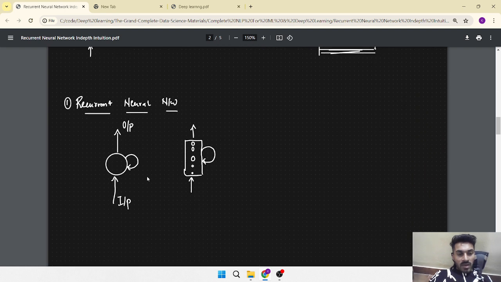Now see the architecture of this model. What happens in RNN basically is we pass our input and get an output, and every output is passed again through this input, so that this will train in a good way.